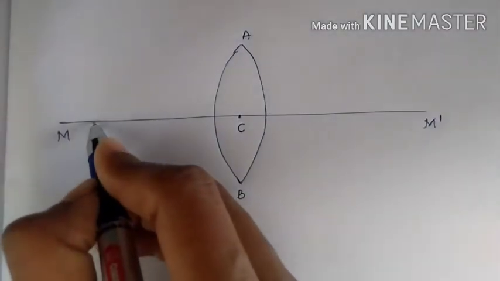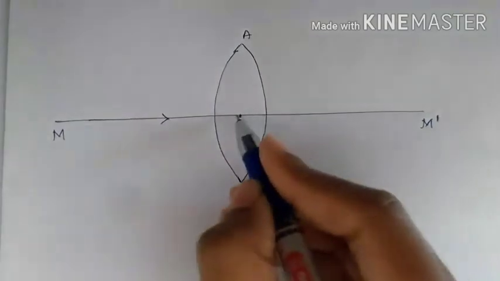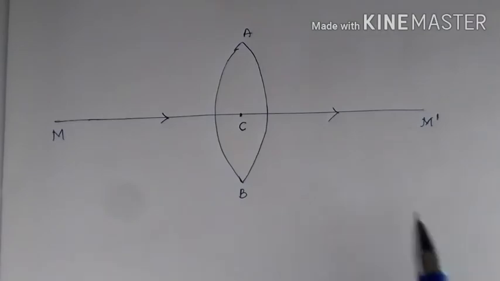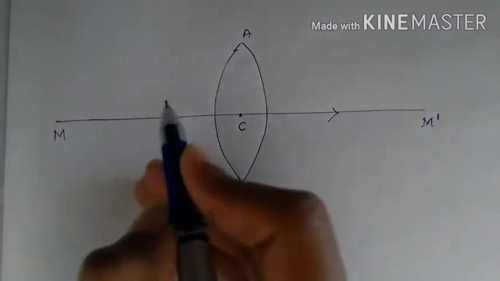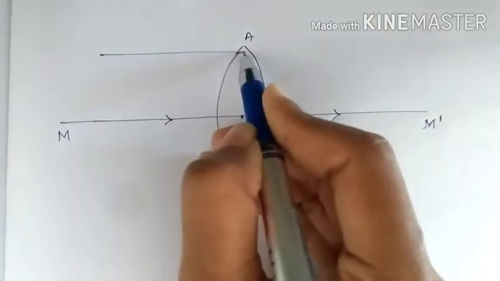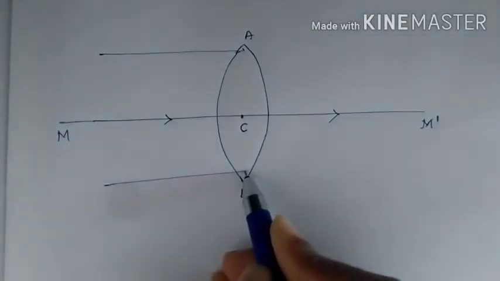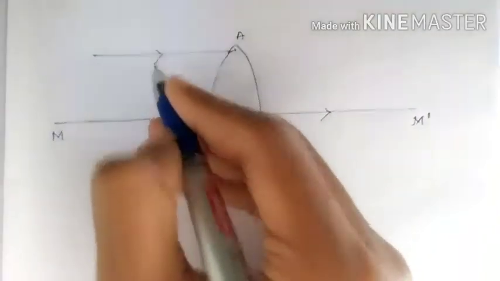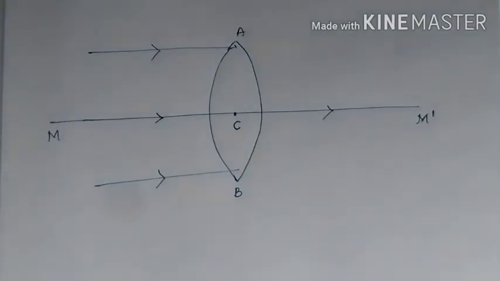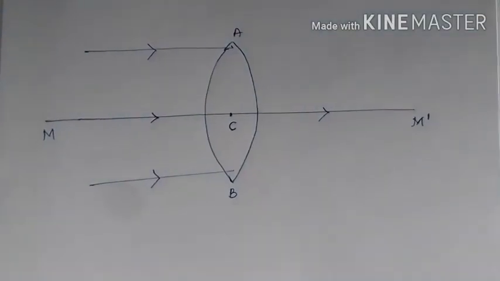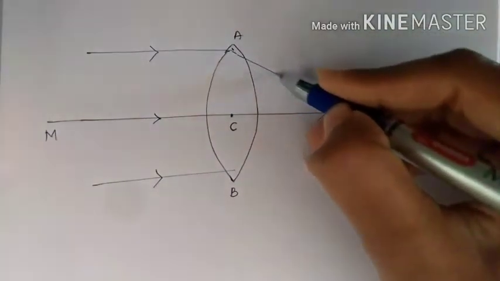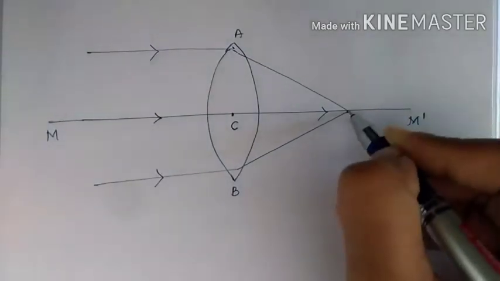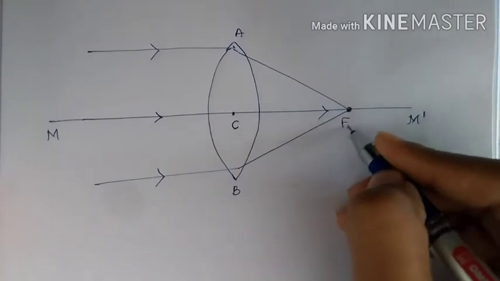Now if you pass a light ray through the center of the lens, then this ray travels without deviation. Now if you have two parallel rays coming from infinity, and these two rays get converged, then they will meet at a point, and let us call this point FM.